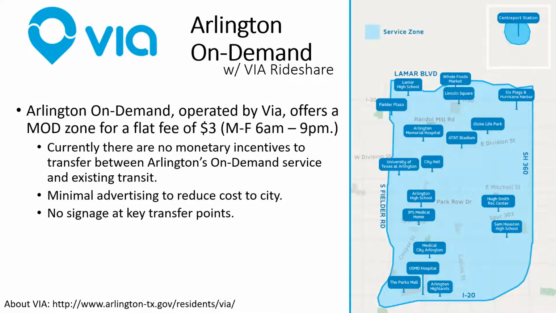It's kind of like an Uber pool, except it can take you from point to point within the city of Arlington, and it can also take you to the Centerport station as a feeder service to the Trinity Rail Express commuter train. It operates from 6 a.m. to 9 p.m.